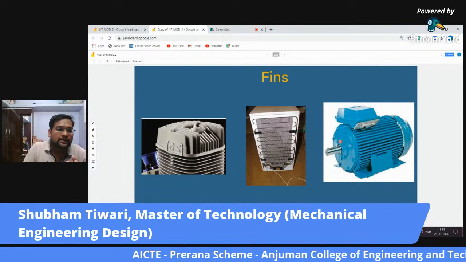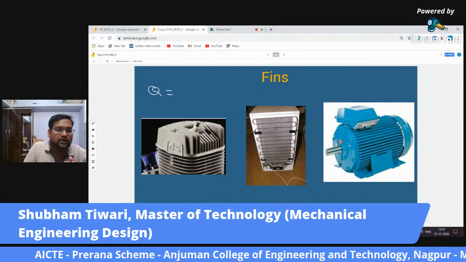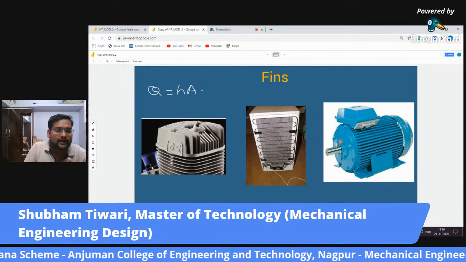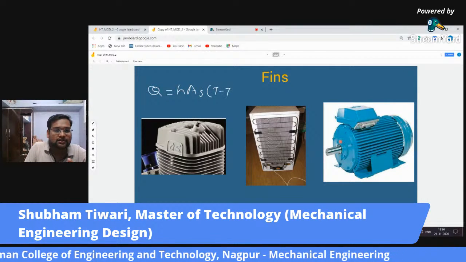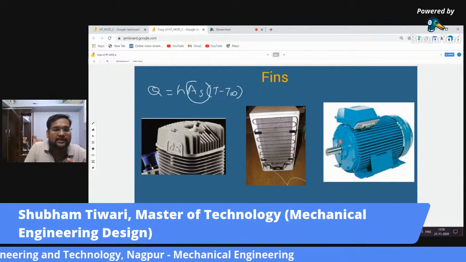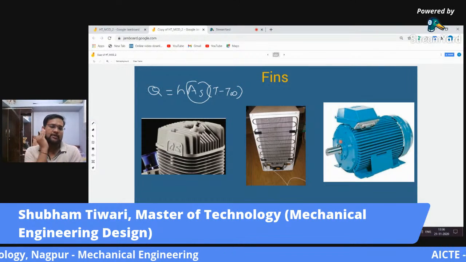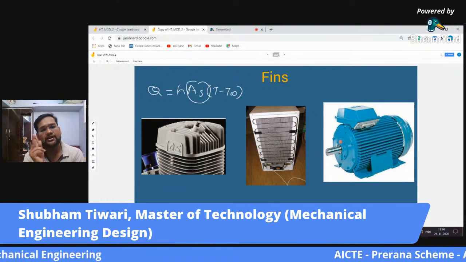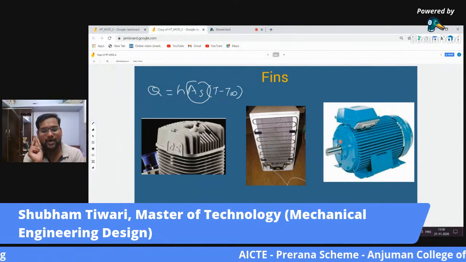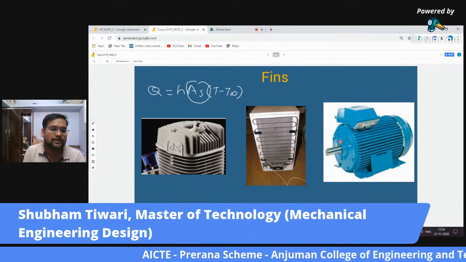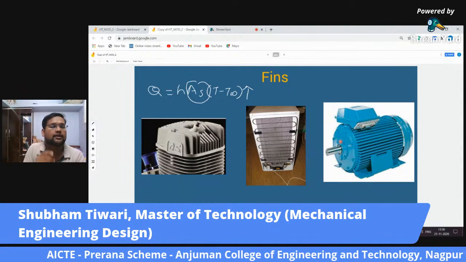Why? Let us just look at its formula. What does it say? hAs(T minus T infinity). What is this As? As is surface area. So if we can increase this surface area by any means, then we will be able to increase our convective heat transfer.